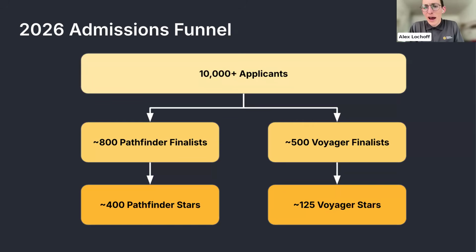Question here asks, what's the average yearly cost that Pathfinder Stars families can expect? I'm not sure that I know an exact answer here, in that it depends a little bit on families and what they're choosing to do. I would say for many families, the cost is as low as $0 because they're able to take advantage of our financial aid, but it does go up from there.